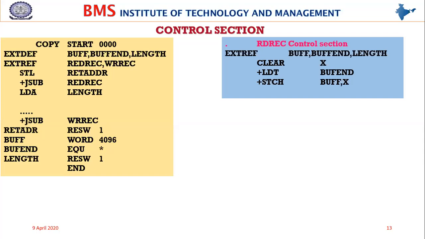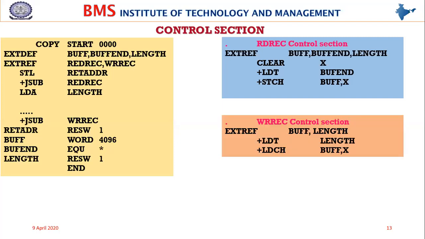So these two variables, BUFEND and BUFFER, are declared in the default control section, but they are used here. For that reason, we are using format 4 instruction and also specifying that it is an external reference. Similarly, we have one more control section, which we call the WRREC control section. The same thing here also.